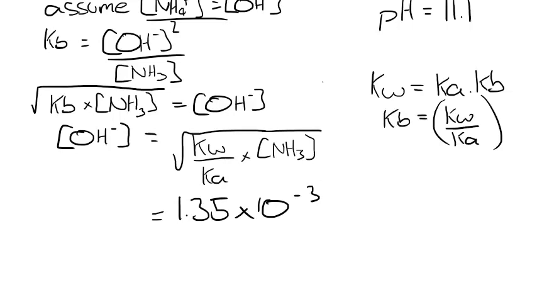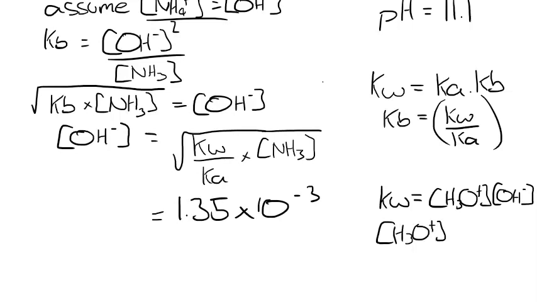1.35 times 10 to the power of negative 3, and then we need to convert that to the concentration of hydronium ions. To do that we use the formula Kw equals H3O+ times OH−. So H3O+ equals Kw divided by OH−: 1 times 10 to the power of negative 14 divided by this value.